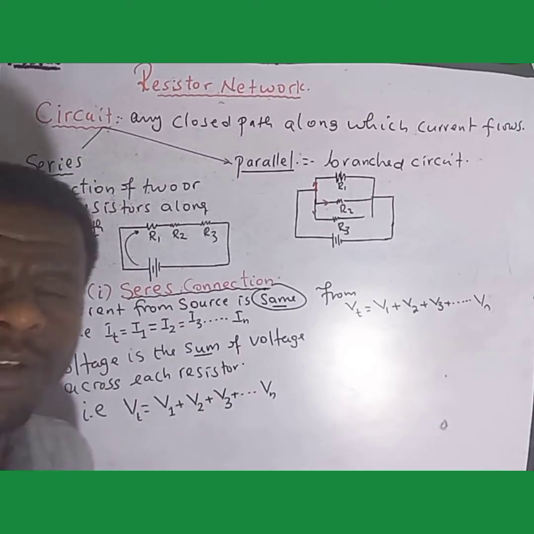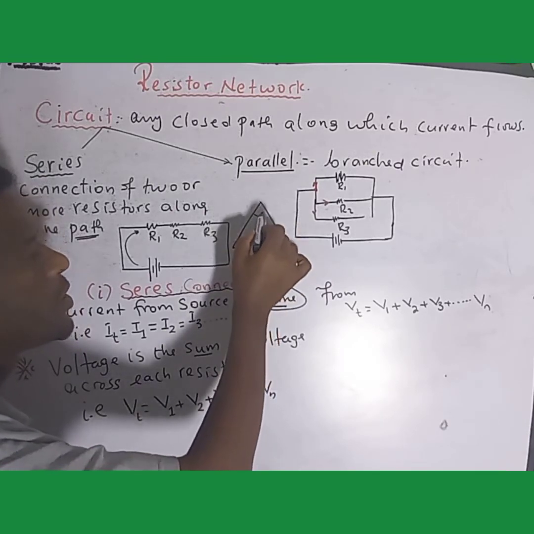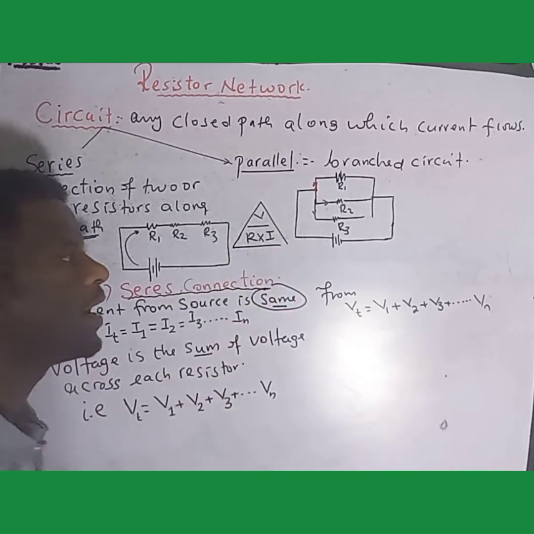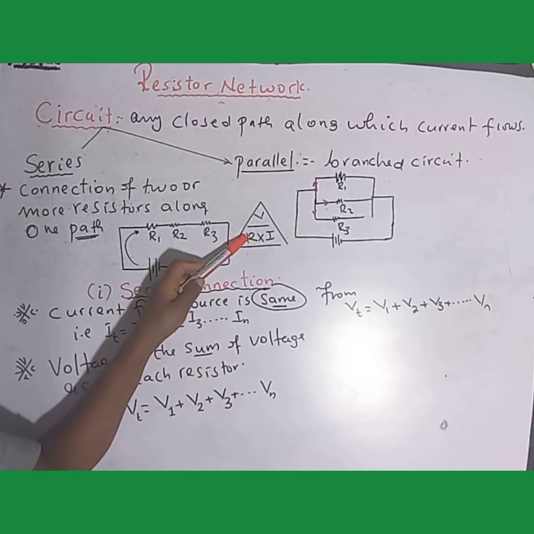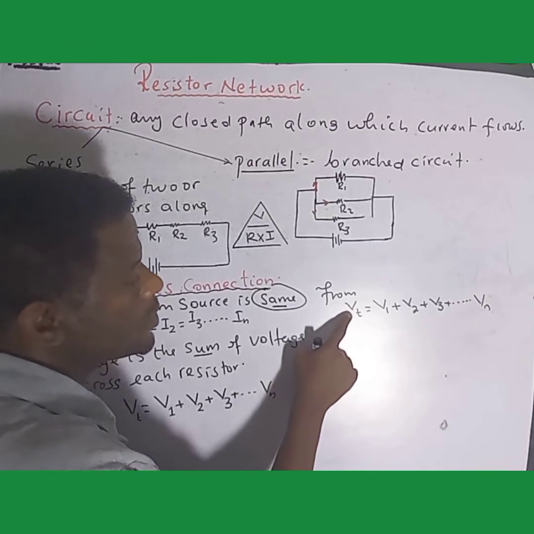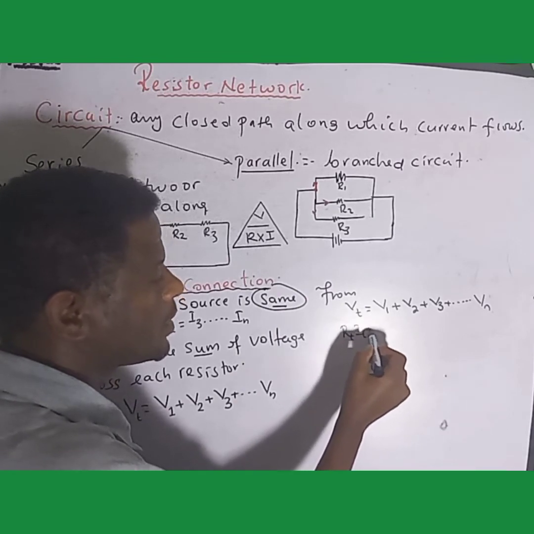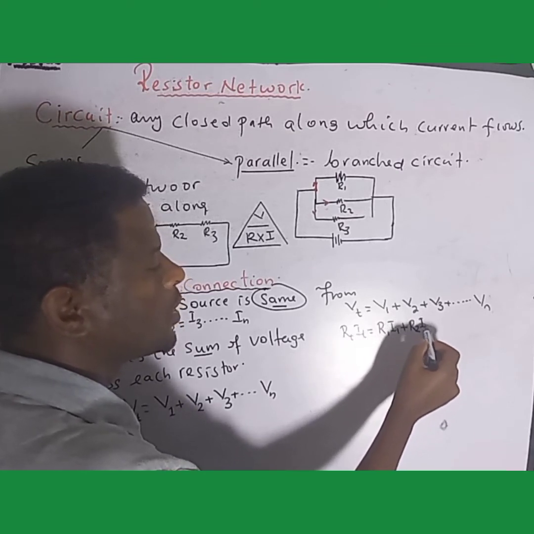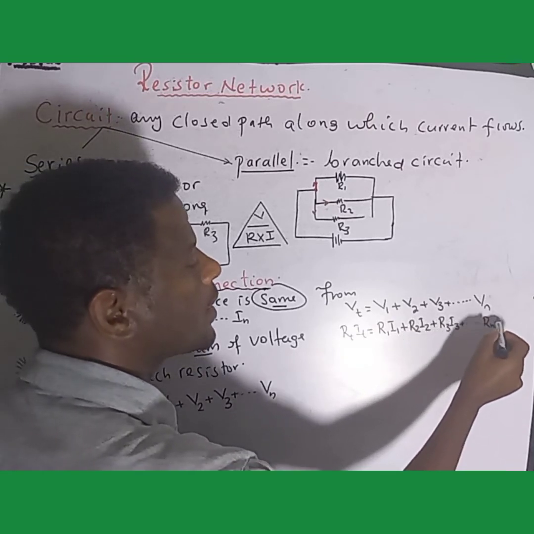From Ohm's law, voltage is equal to resistance multiplied by current I. Current I is equal to voltage over resistance, and resistance equals voltage over current I. Then total voltage means total resistance times total current: R total I total equals R1 I1 plus R2 I2 plus R3 I3 plus Rn In.